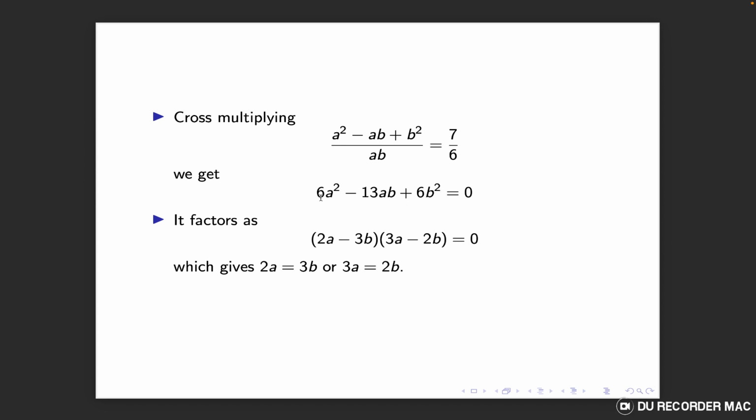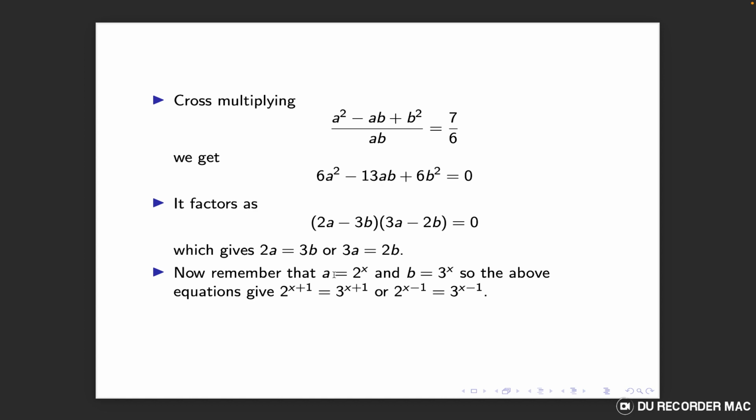This expression can be factored as (2a minus 3b) times (3a minus 2b) equals 0. So we have a product of two numbers equals 0. Either the first one is 0 or the second one is 0. If the first one is 0, we get 2a equals 3b, and if the second one is 0, we get 3a equals 2b.